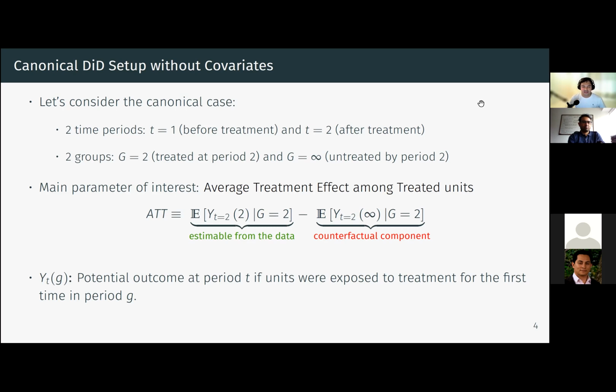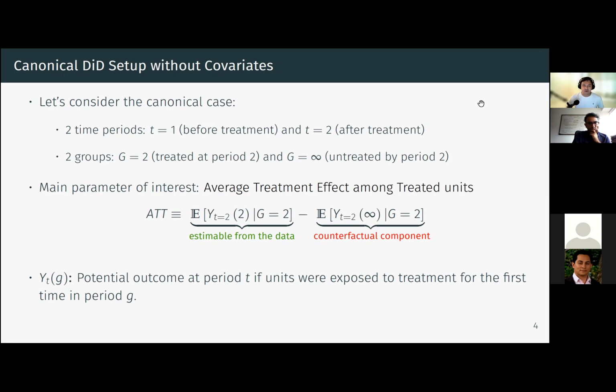So g here is the time you're first treated. And I'm going to have a group that at time period 2 still remains untreated. I'm going to call it g infinity, just for the simplicity of the notation later on. So I have a treated group in period 2, g equals 2, and an untreated group in period 2, which is g infinity.